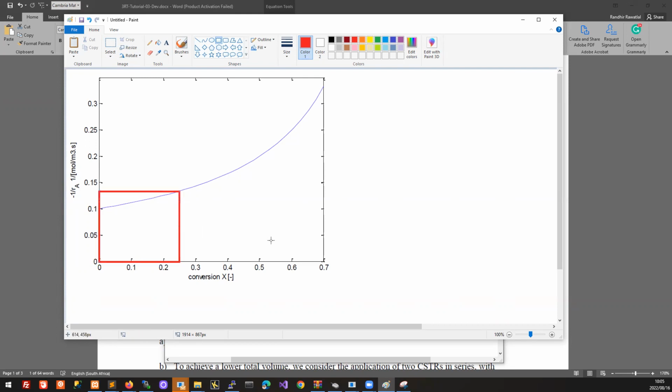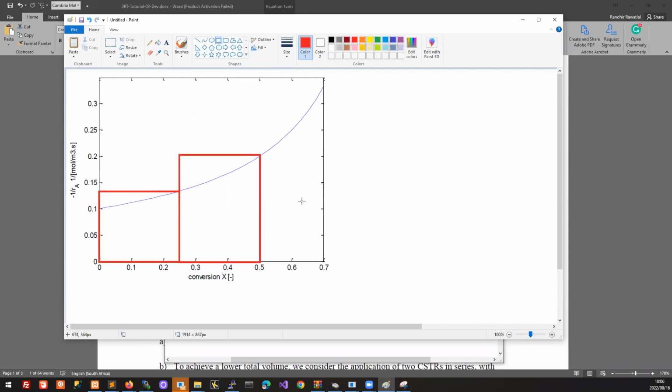And then, of course, what we actually want is overall 50%. So we take 50%, we locate our rate at 50%, and then that's going to be the second reactor. And it looks like that, right? Okay. And so the areas under here are going to be the volumes of the 2 CSTRs.